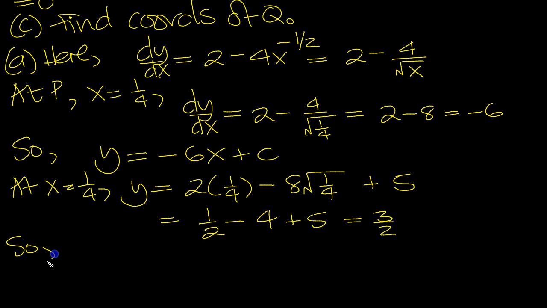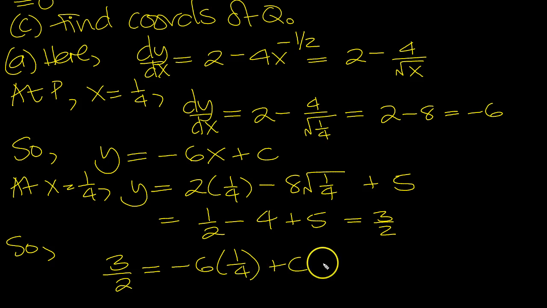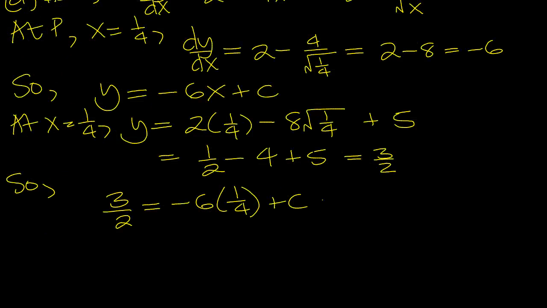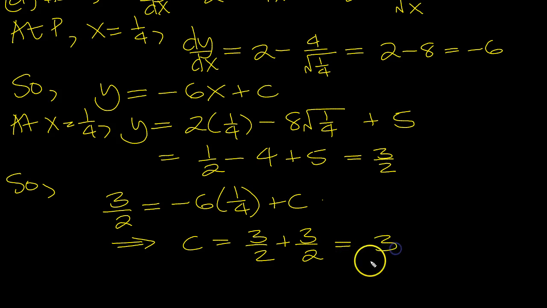So, what have we got then? Put the value in, 3 over 2, because this is on the curve, is equal to minus 6 times x, which is a quarter, plus c. So that tells us then that c equals 3 over 2, move the minus 6 over 4 over to plus 6 over 4, which you can write as 3 over 2. So c is 3.